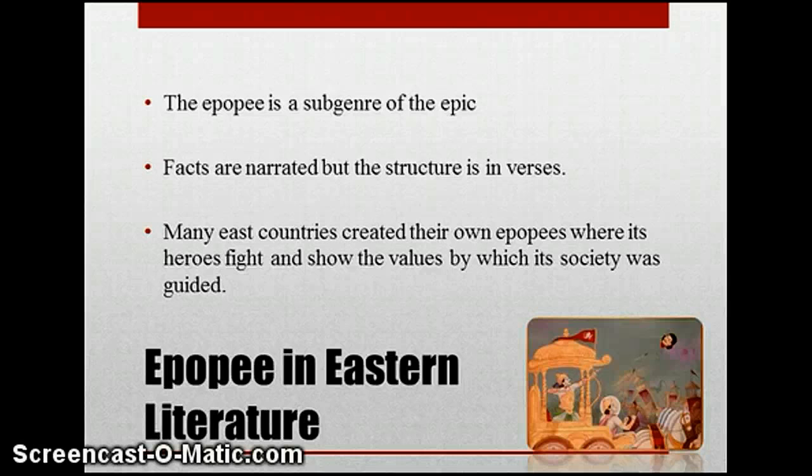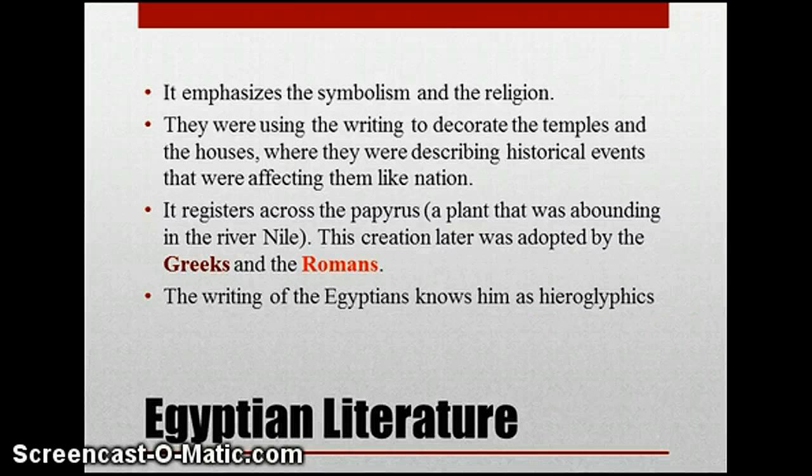As you can see in the image, this image is taken from the Hindu Mahabharata. Both Eastern and Western literature in epopee from this period of time tell us historical facts, but the difference is that Eastern literature emphasizes symbolism and religion. A symbol is a code, and this code is used to represent concepts, feelings, and experiences.